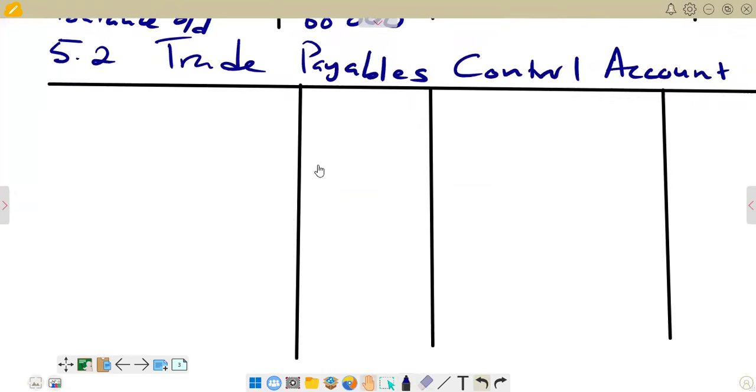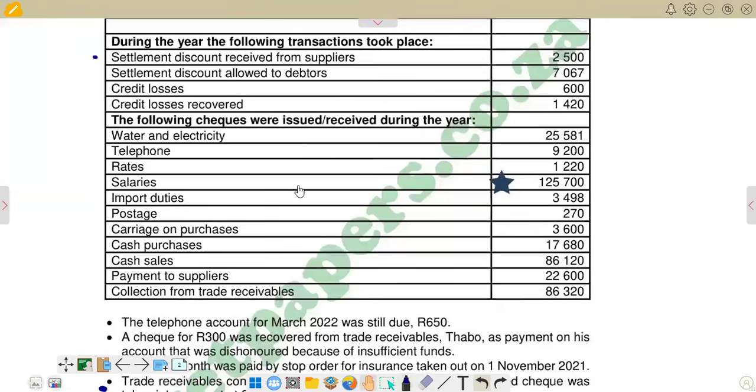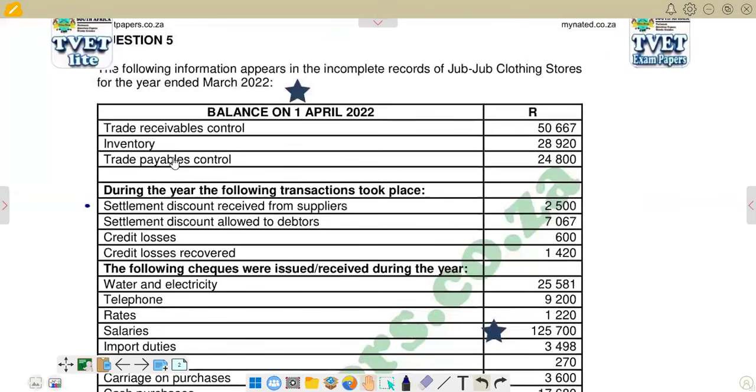So on the trade payables control, also we need to start with the balance BD, which is the opening balance, and we are going to put it on the credit side now. So you can just go back there to check that balance. If you come here, you'd see that we've got trade payables control, which are the balances on 1 April 2022, at the beginning of the period.